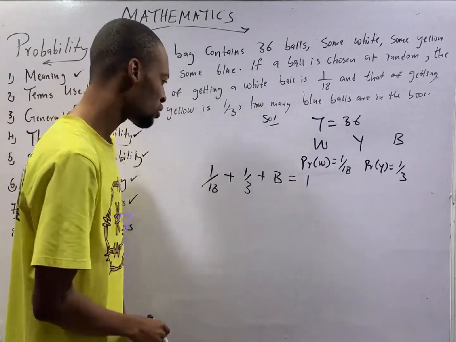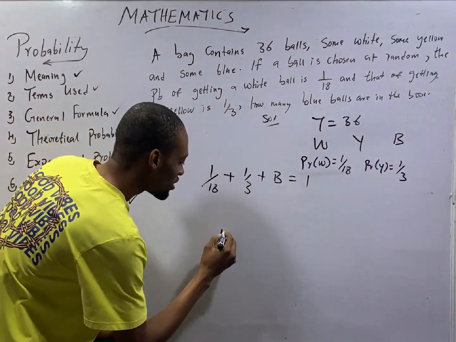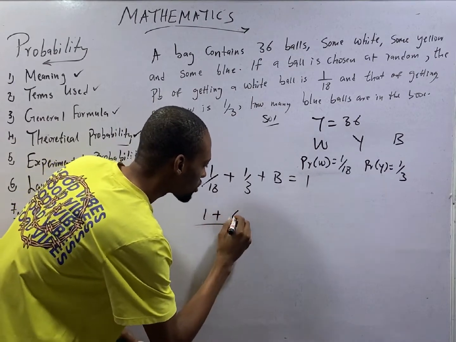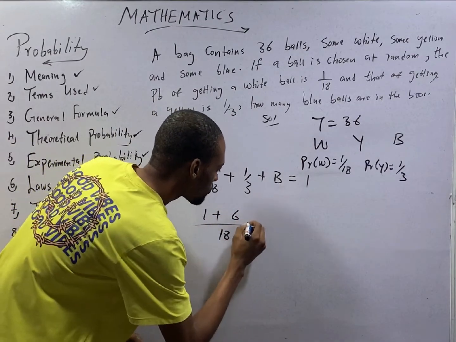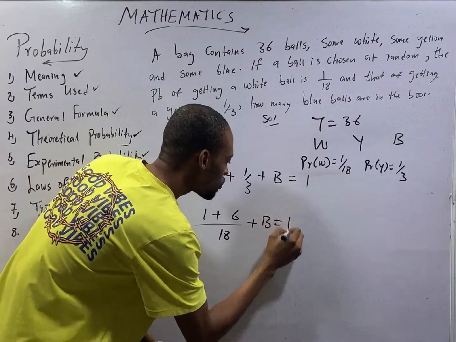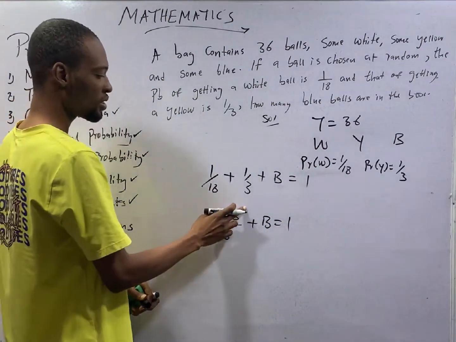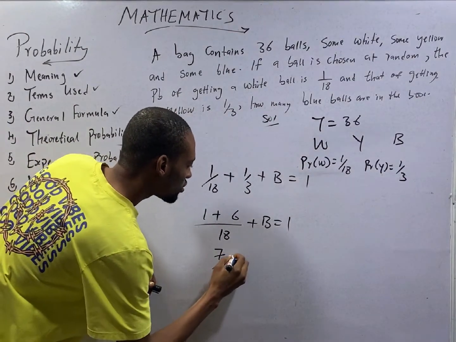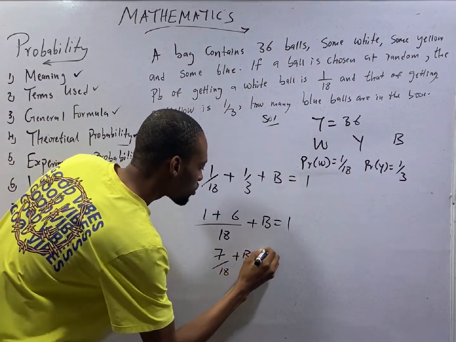Yes, let's do it that way. LCM here is 18, and this is 1 plus 6 plus B equals 1. 1 plus 6 is 7. So 7/18 plus B equals 1.